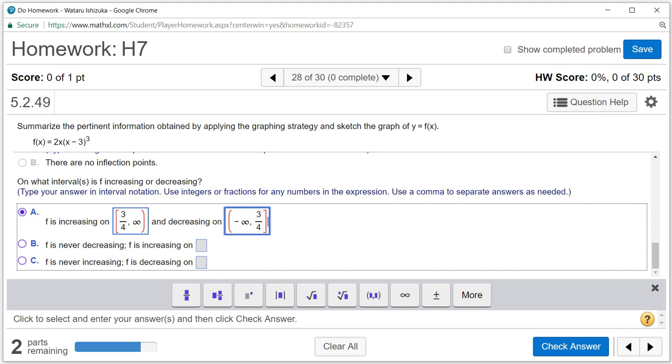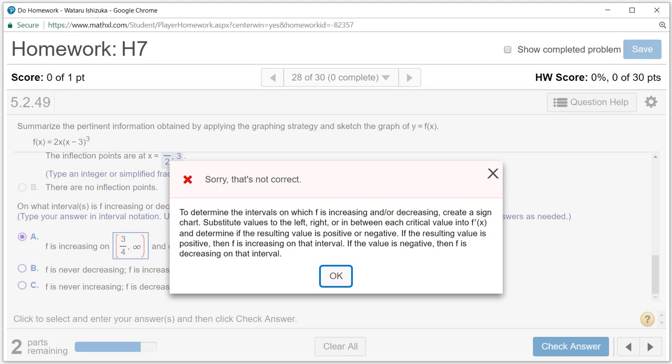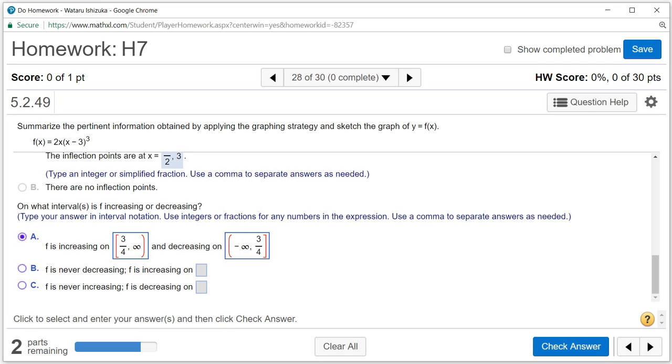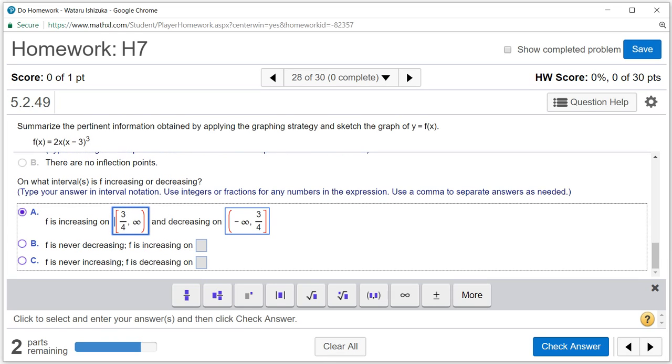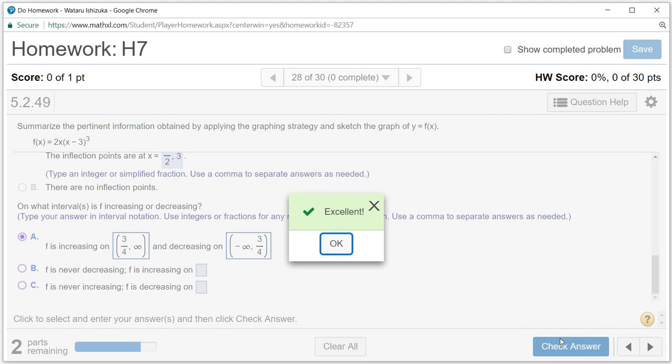Let's check the answer. Interval which is increasing, create a sign chart. Okay, technically it's okay to include it, but maybe I'll try this and see if it'll take the answer. They didn't like the fact that I'm having that.